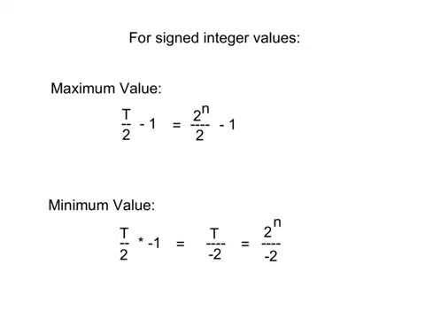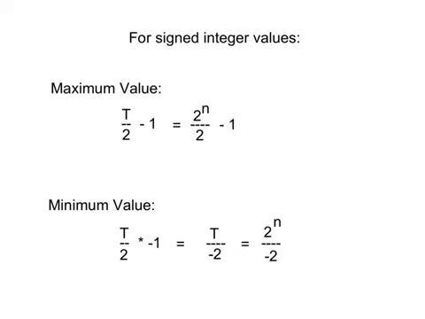Alright, so for signed integer values, the maximum value for positive numbers is going to be the total number of possibilities divided by 2 and then subtract 1 in order to account for 0. Another way of saying the total number of possibilities is 2 to the power of n, where n is the number of bits.